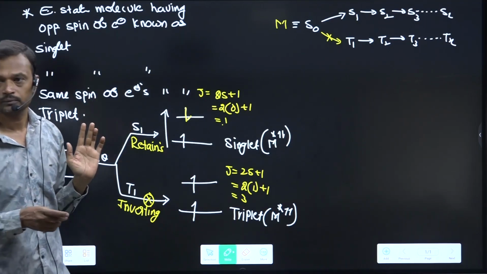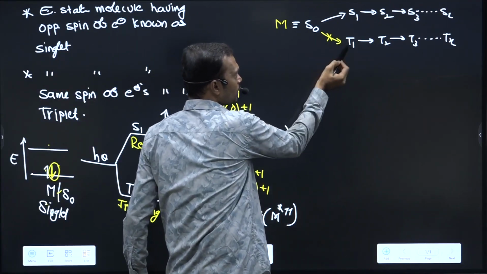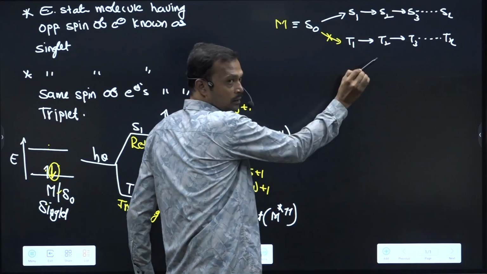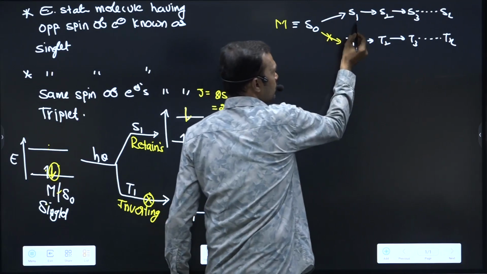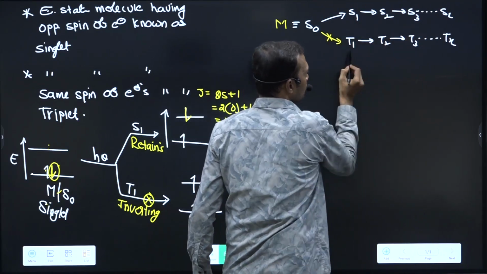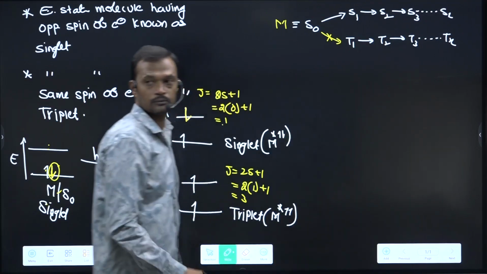I am talking only about excitation. So the ground state multiplicity is retained in the excited state. Here it is not retained, that's why it is forbidden. But here it is possible, so this is first excited, second, third, fourth. Now first triplet state, second triplet state, third triplet state, etc.